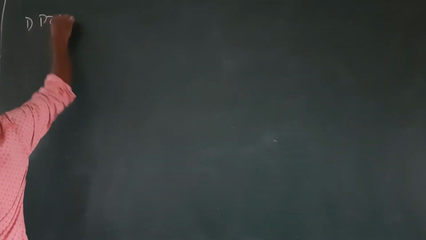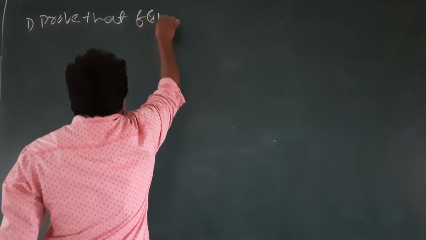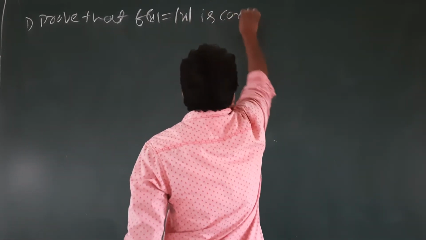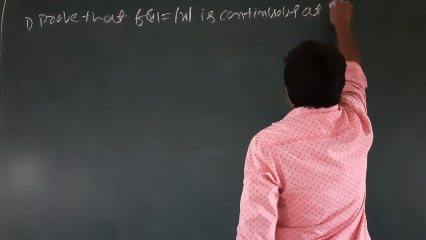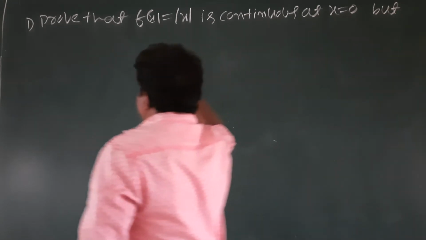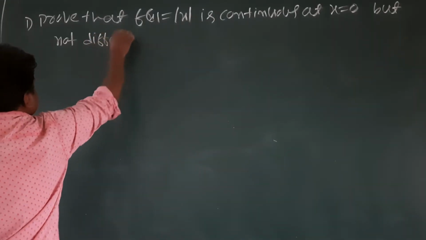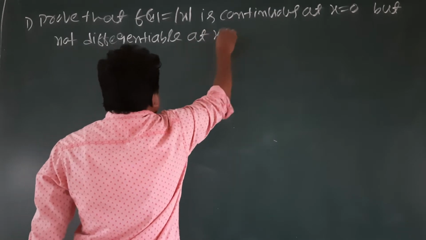First question: prove that f(x) equals mod x is continuous at x equals 0, but not differentiable at x equals 0.